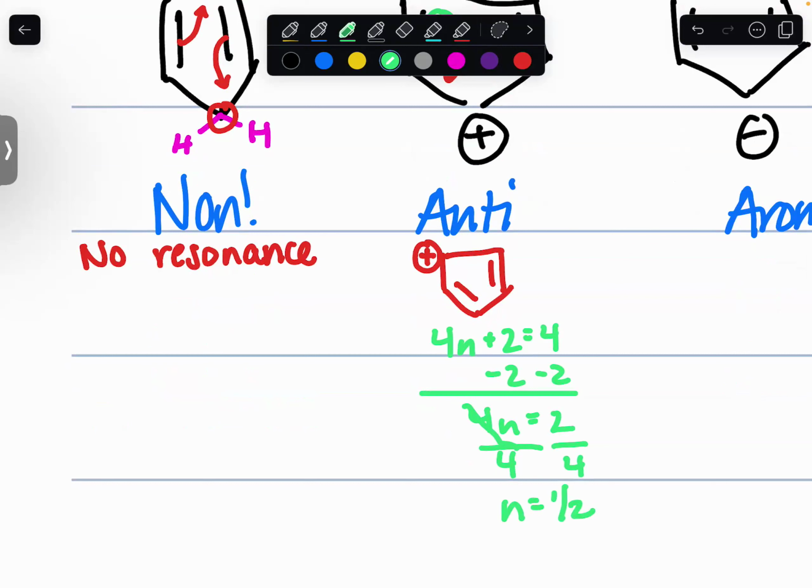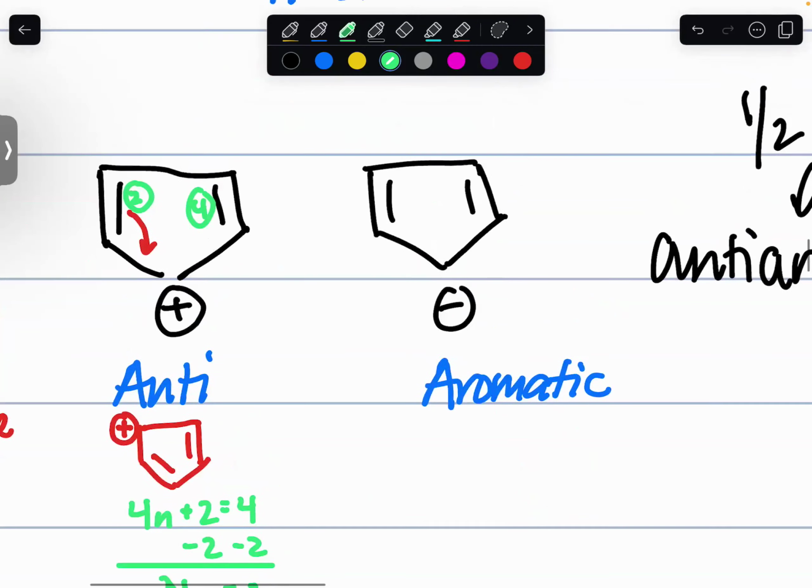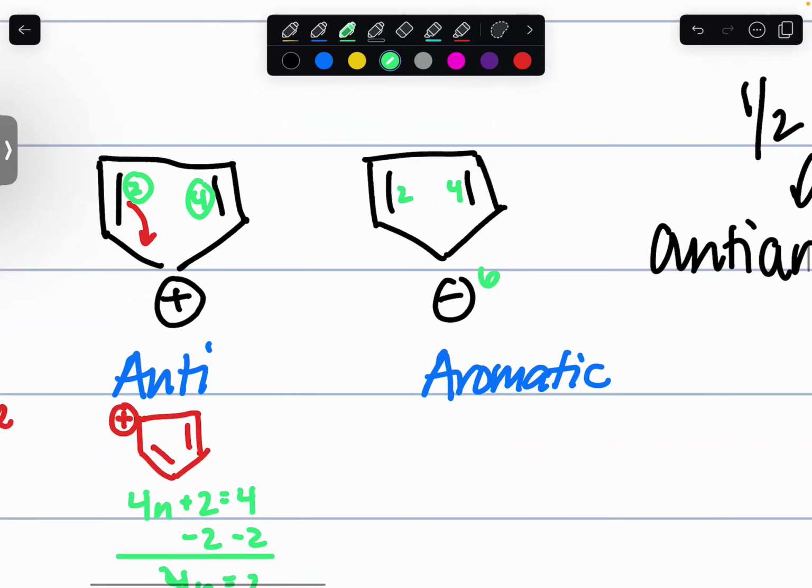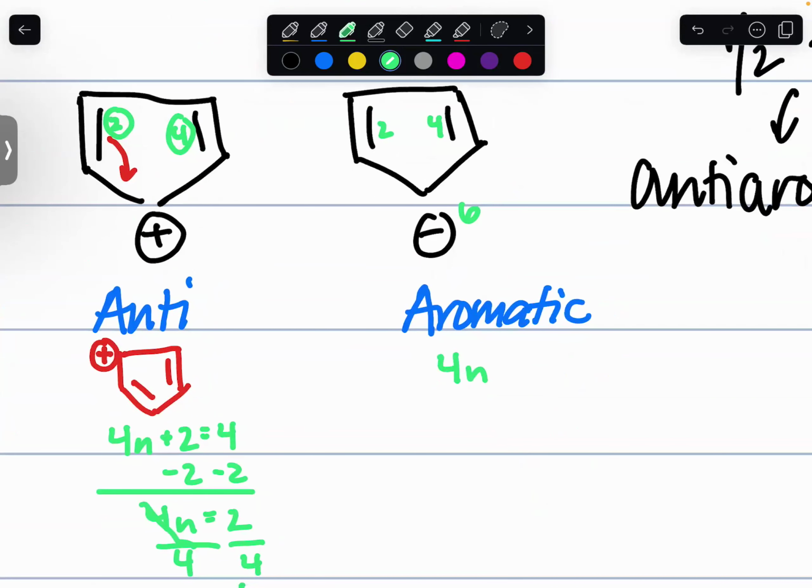N equals 1/2. So it's anti. This one, if we do our counting again, we get 6. We get a whole number.